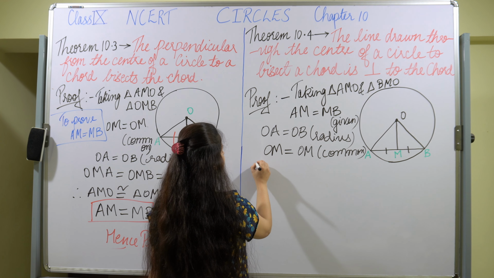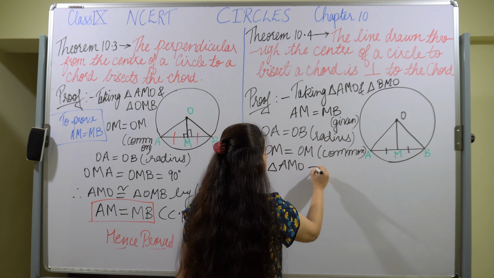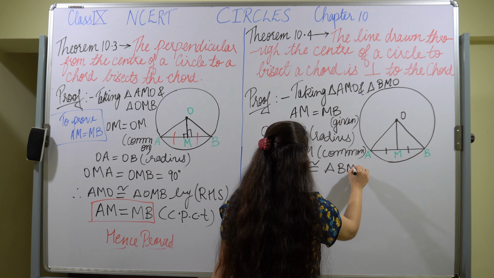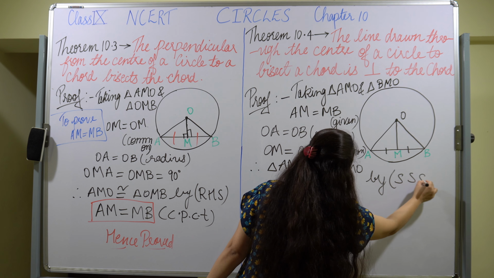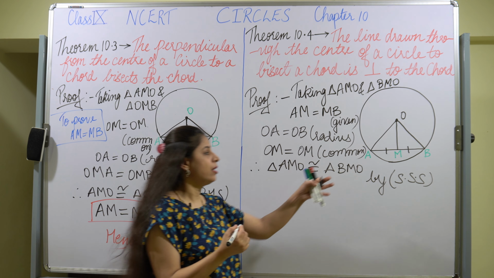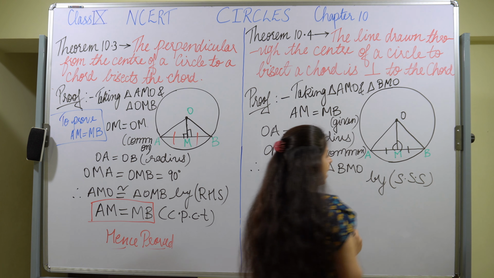So we can easily say triangle AMO is congruent to triangle BMO by SSS criteria, side criteria. Now when the triangles are congruent, we can easily say that this angle is equal to this angle.